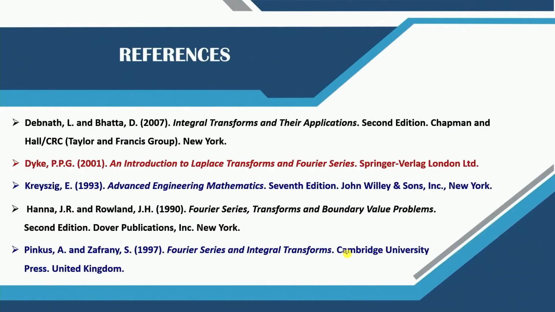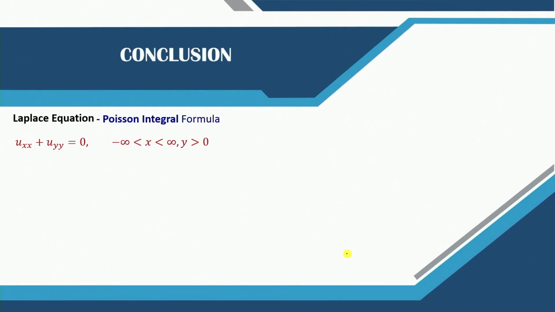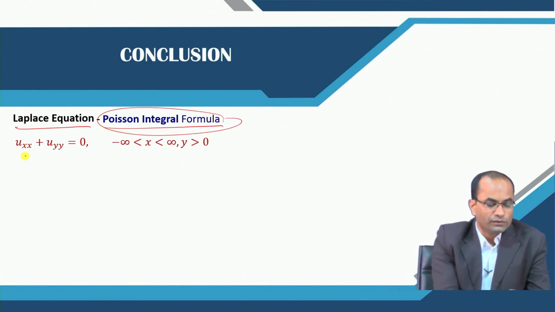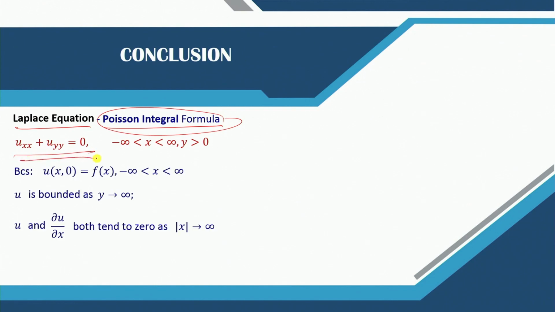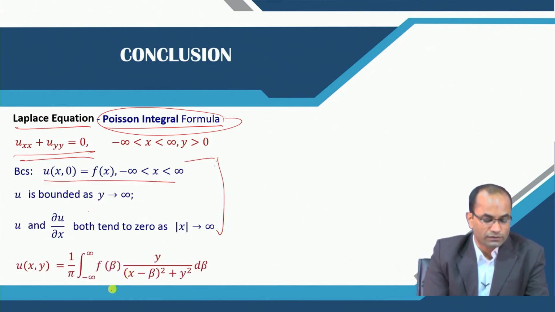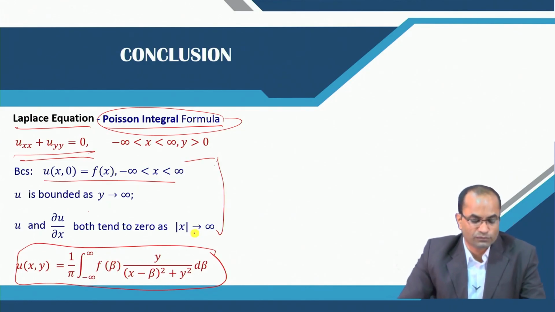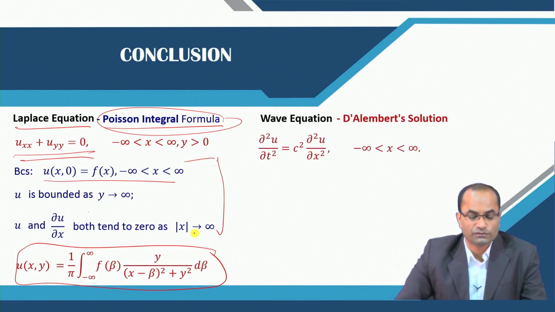These are the references we have used for preparing this lecture, and just to conclude again. So, we have discussed the Laplace equation, mainly this Poisson integral formula, which is very well known for this Laplace equation. So, for these given conditions, we got this formula, which is known as the Poisson integral formula, and it was derived using the Fourier transform.